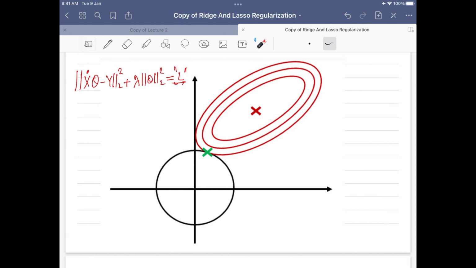The contour plot of this particular loss function I have already discussed in the initial part of our course. The contour plots will look like ellipses, and you can see it's the red curve over here. These are the contour plots for this particular loss function.